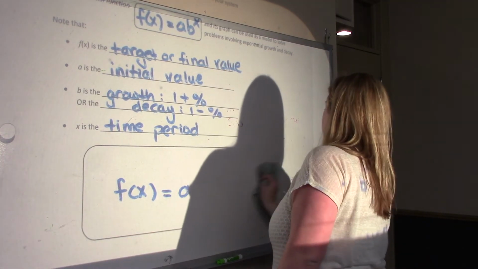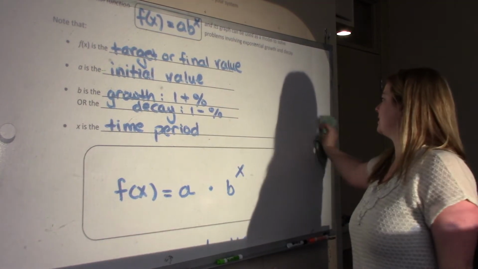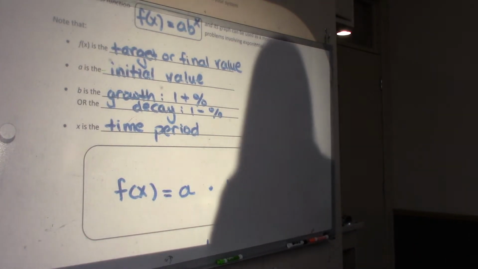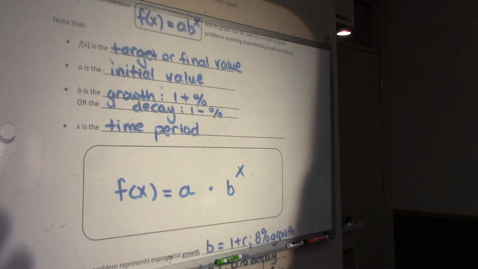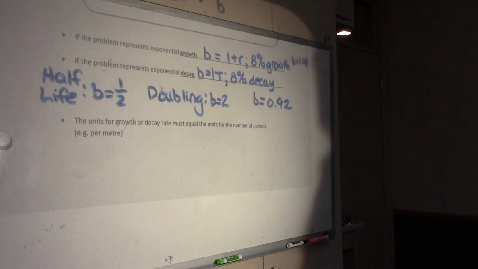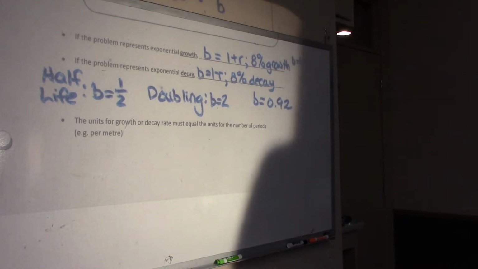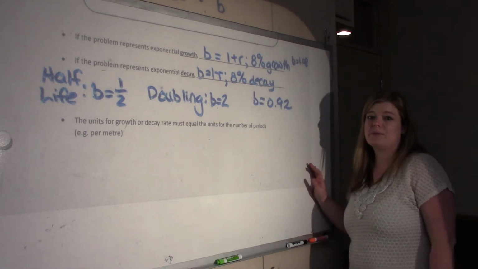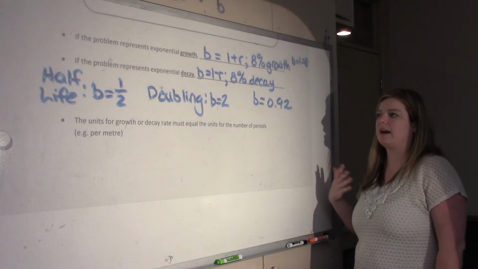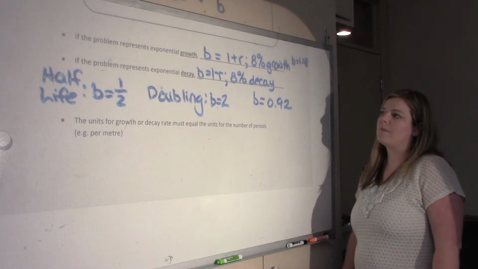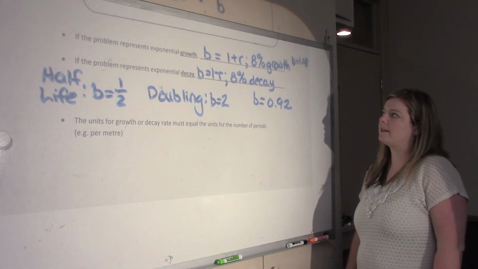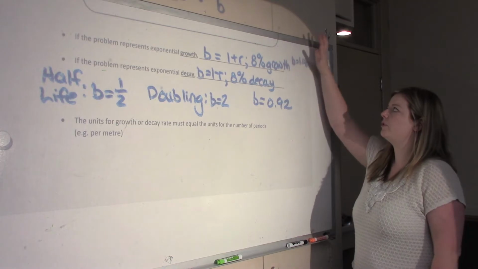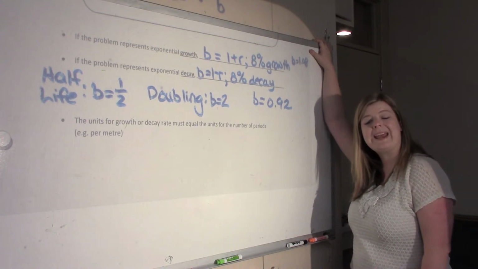All right, so just a few more points, and that is the basics of what's going on here. So again, I know I keep repeating this growth and decay stuff, but it's probably honestly the most difficult part, so I'm just reinforcing it. So if the problem represents growth, B equals 1 plus R, so 8% growth, the B value would be 1.08.